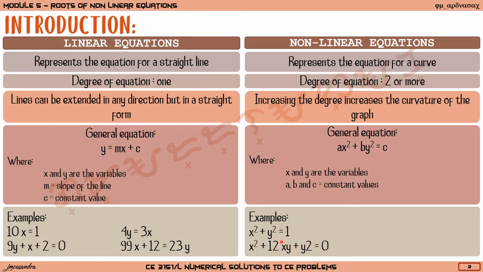We have 1 degree terms, but the maximum degree is more than 1. So it is under a nonlinear equation. Another example would include x squared plus x plus 2 equal to 25. So a single variable, but the maximum degree of one term is more than 2. So it's under nonlinear equation.